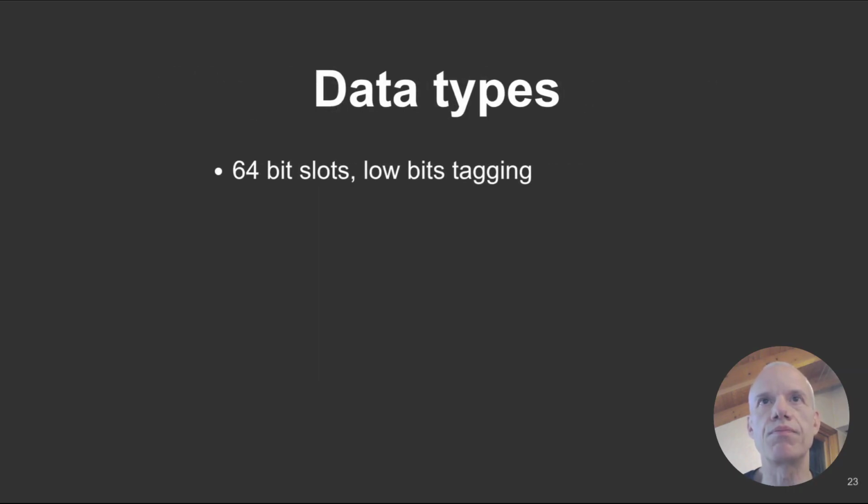Okay. Data types. I use 64 bits for each value, a slot that contains a 64-bit wide value. I'm using the lower bits for tagging. I'm not using NaN tagging, which is a very common technique.